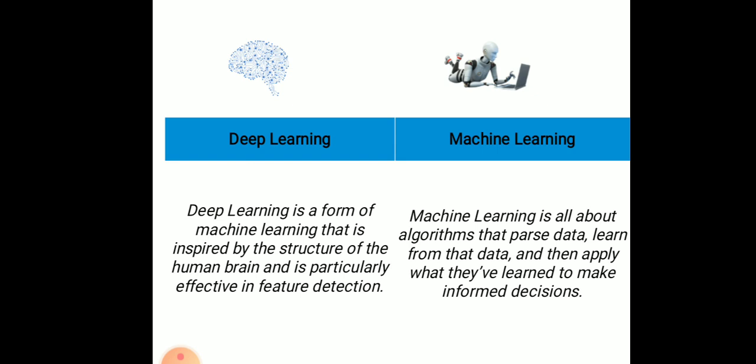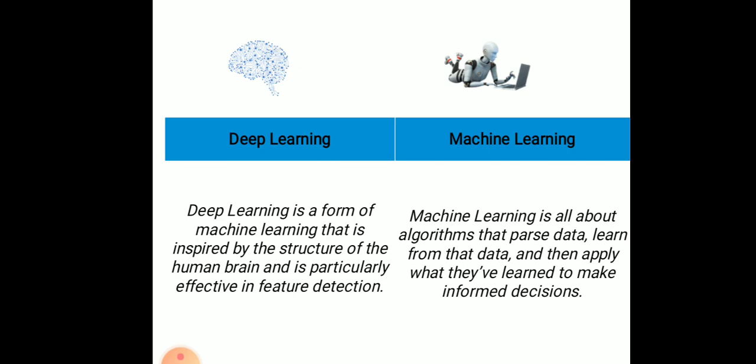So the basic difference between deep learning and machine learning is this: deep learning is basically a concept that is inspired by the structure of the human brain. You can say that how the human brain works, how we humans think, or how our brain identifies objects and other things. In the same way, deep learning is trying to achieve this in machines.